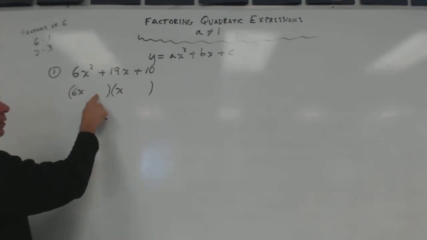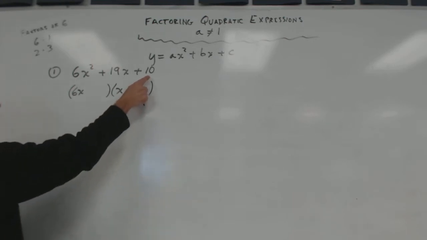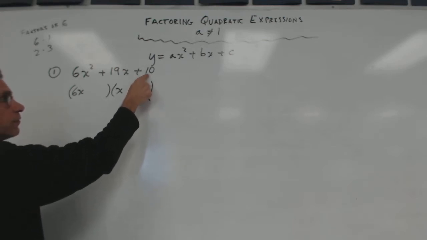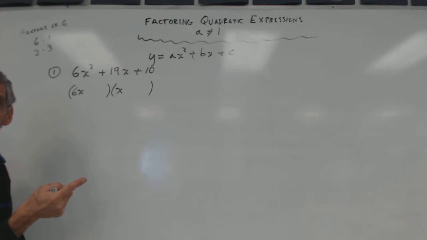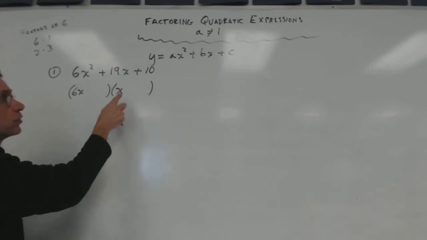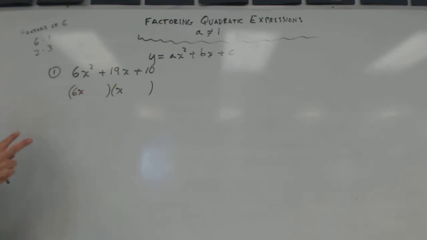They will multiply to equal what? The last number? Yeah. We do know that that's still going to be the same. The factors of 10 are what are going to go here, right? That's still true. It's just that those factors are not going to add up to this. That's the big thing. The middle number is what screws us up, right?